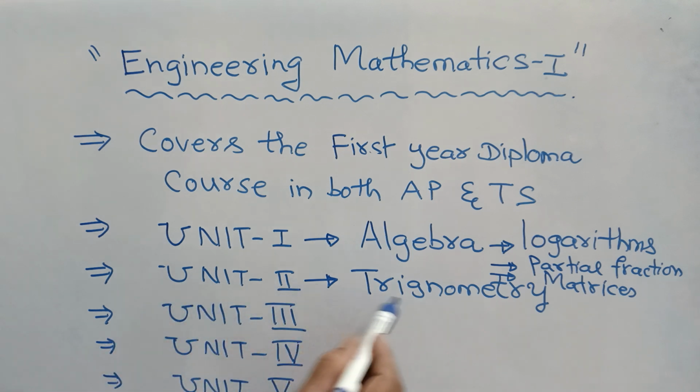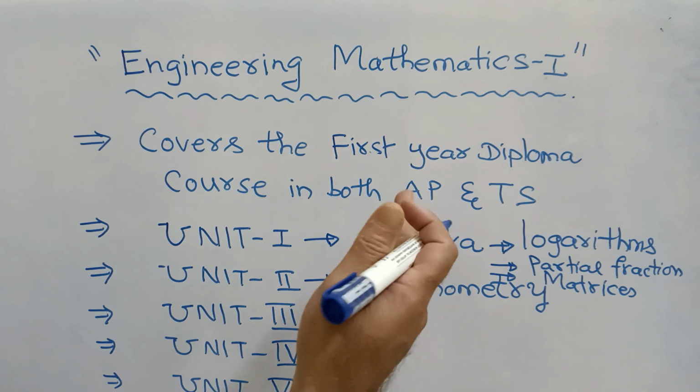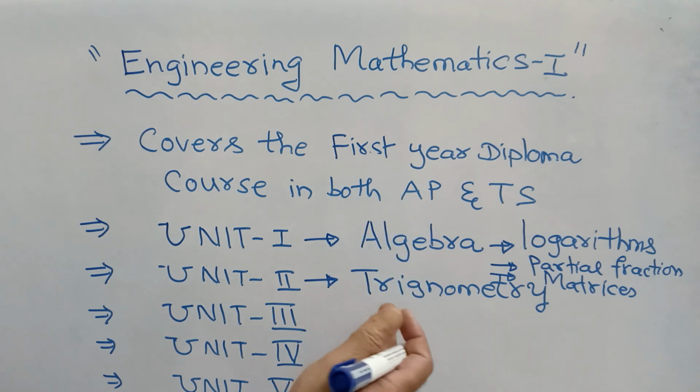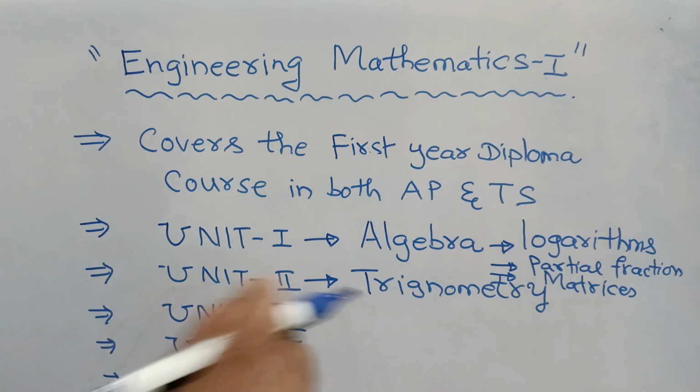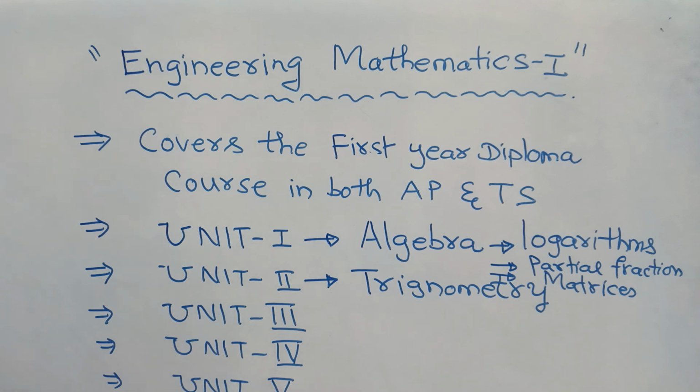Coming to unit 2, this is regarding trigonometry. So what is trigonometry, and what are the trigonometric ratios? There are varieties of subtopics. Space is not sufficient here to explain all those. In our subsequent topics, I will explain each and every topic related to trigonometry.